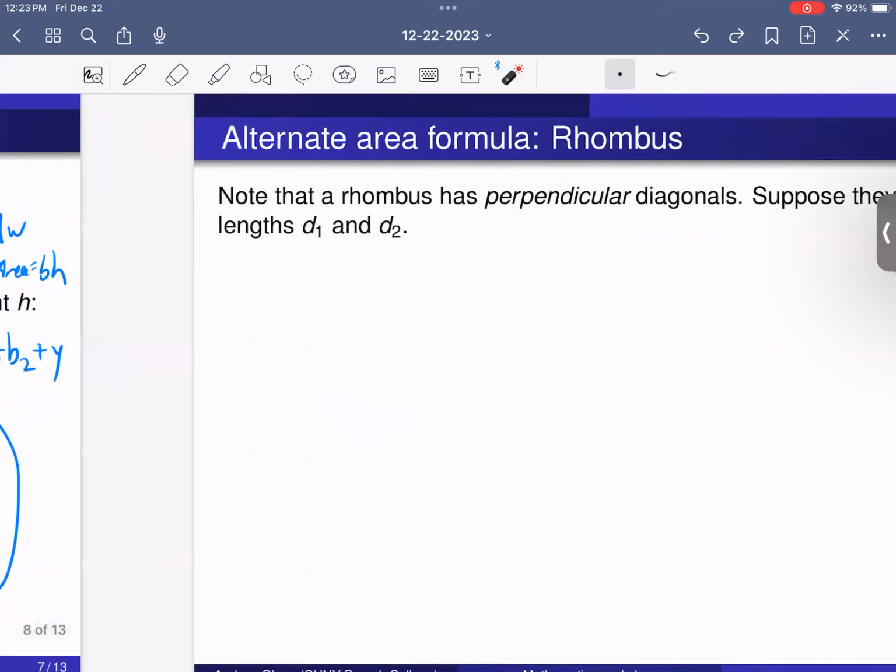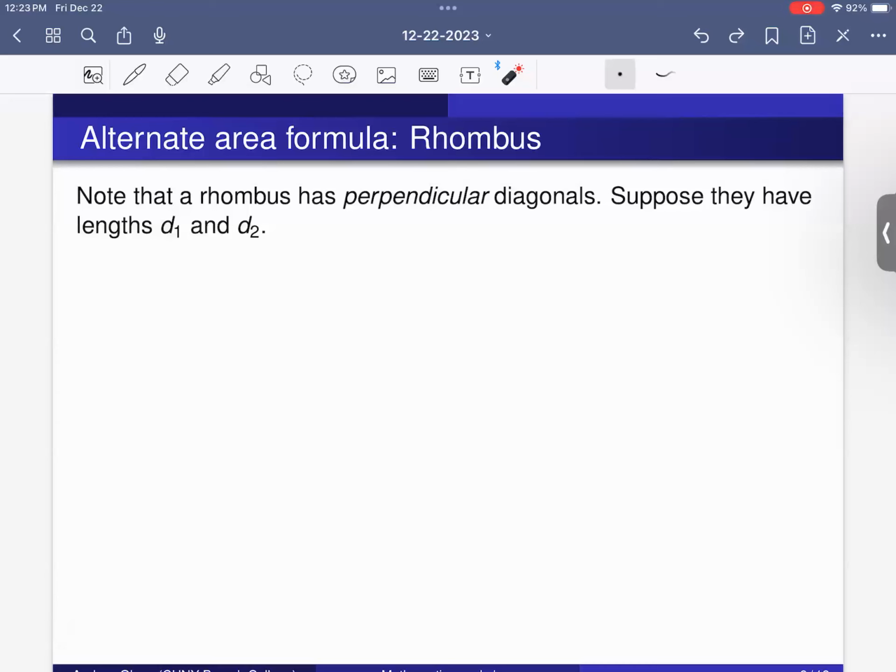So another alternate area formula for a rhombus. You can do this with a real proof, but for now I'm just going to draw a picture. If I draw a rhombus like a diamond, and I draw the diagonals, the lines that connect the two opposite corners, it turns out that when you have a rhombus, these actually make right angles everywhere.